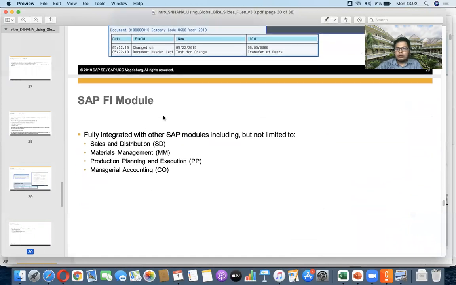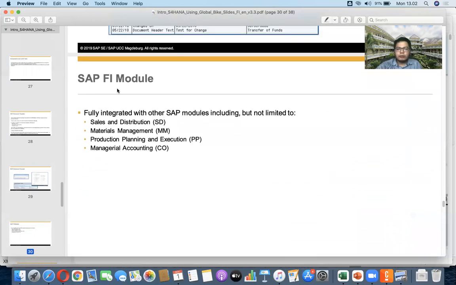As mentioned, the SAP financial module is fully integrated with other SAP modules. From our previous discussion regarding the three modules, we can always find a relationship between all of those modules and finance, because finance manages all of the money, the cash flow, and all of the transactions regarding money. Everything related to that will be connected to FI.